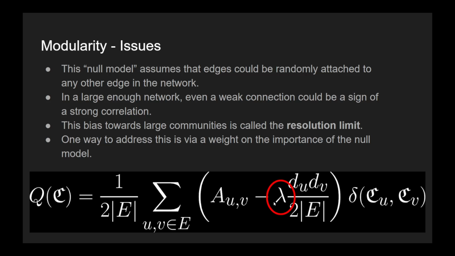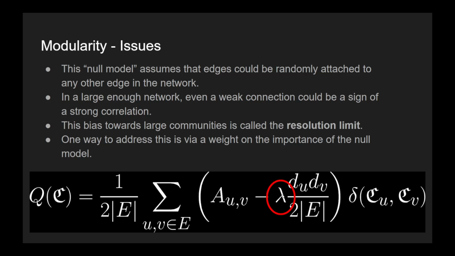And so a value of 1 obviously would do nothing. A value of greater than 1 puts a higher importance on this term, which means that the number of edges in your community must be much greater than expected.